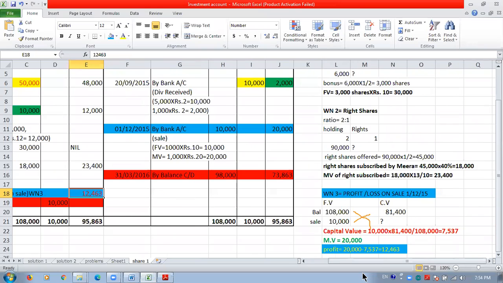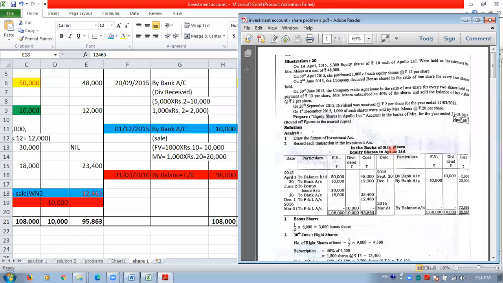Next, with this transaction we finish. With this transaction we finished our problem.